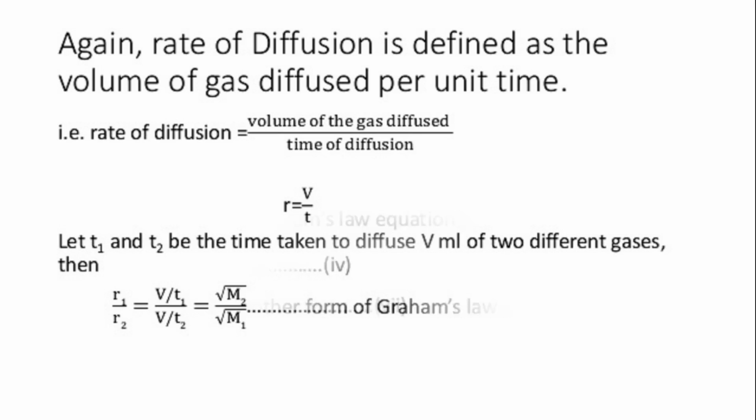Again, rate of diffusion is defined as the volume of gas diffused per unit time. So, rate of diffusion is equal to the volume of the gas diffused divided by the time of diffusion. Mathematically, this can be written as R is equal to V over T. Let T1 and T2 be the times taken to diffuse V ml of two different gases.